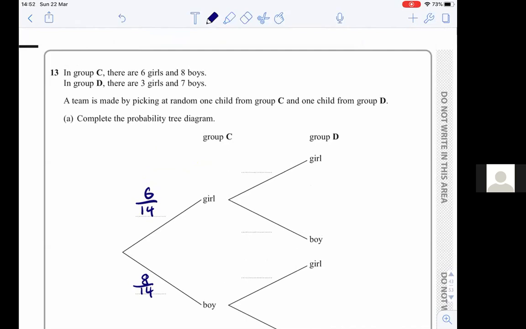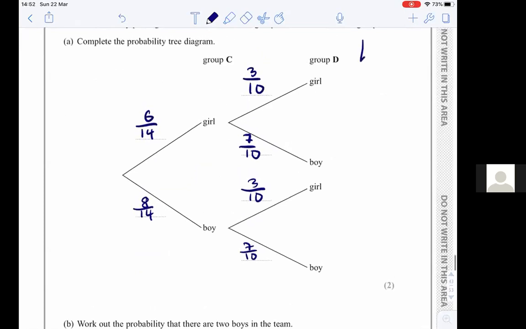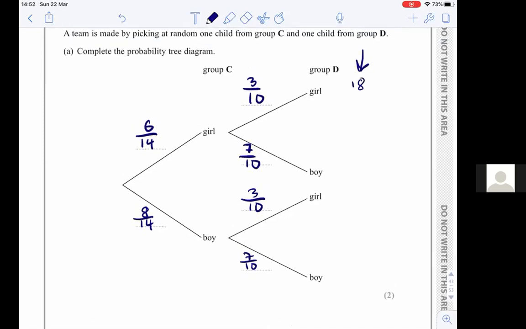The second part of this tree diagram is out of 10, because there's 3 girls and 7 boys. So 3 out of 10 girls and 7 out of 10 boys. Now at this stage I like to complete this column by multiplying all of these probabilities together, which you don't have to do, but I just like to do it because it gives it that sense of completeness for me.